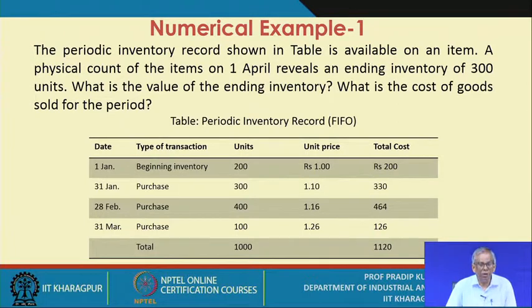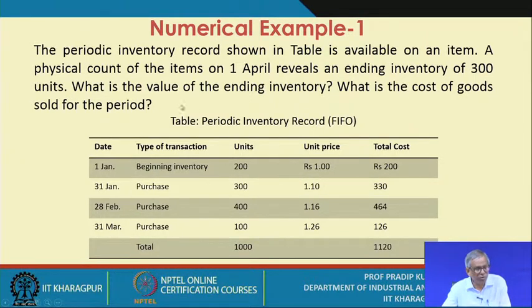The periodic inventory record shown in the table is available on an item. A physical count of the items on 1st April reveals an ending inventory of 300 units. What is the value of the ending inventory?